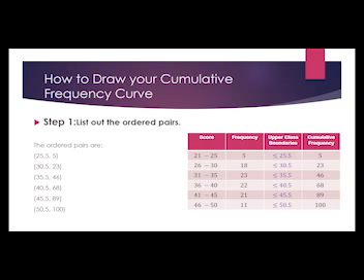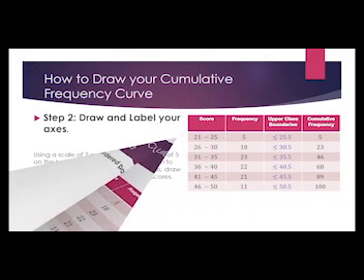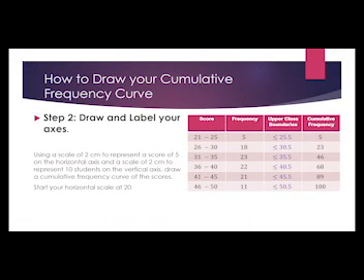Now let's talk about the graph area. Remember, scales are important. In this case, they have indicated to us what scales we should use on the respective axes. They told us that on our x-axis, we're going to use 2 centimeters to represent 5 units.